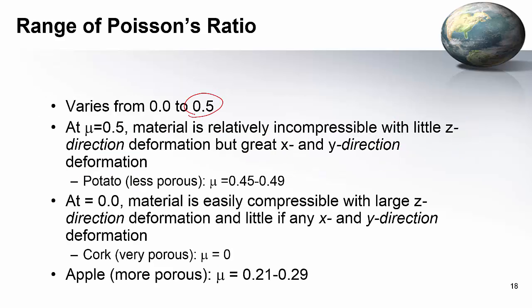Therefore, the maximum value is 0.5. If the material is 0.5, that means the material is completely solid without any porosity, like steel kind of stuff. It's completely non-porous, and when you compress it, it has to expand in the other direction, so it will be close to 0.5. Whereas if it is like cork, very porous, when you compress it, you remove the pore space, it doesn't really expand, then this is equal to 0.